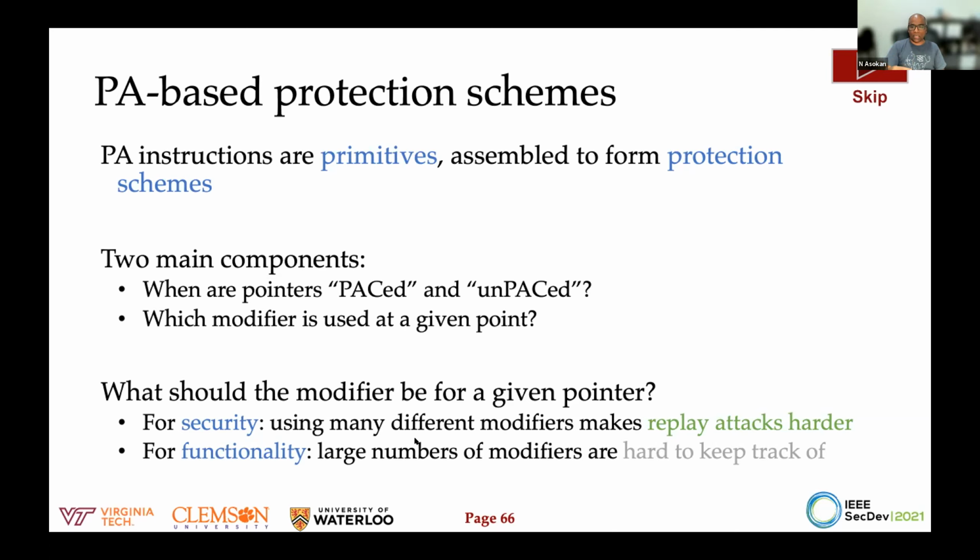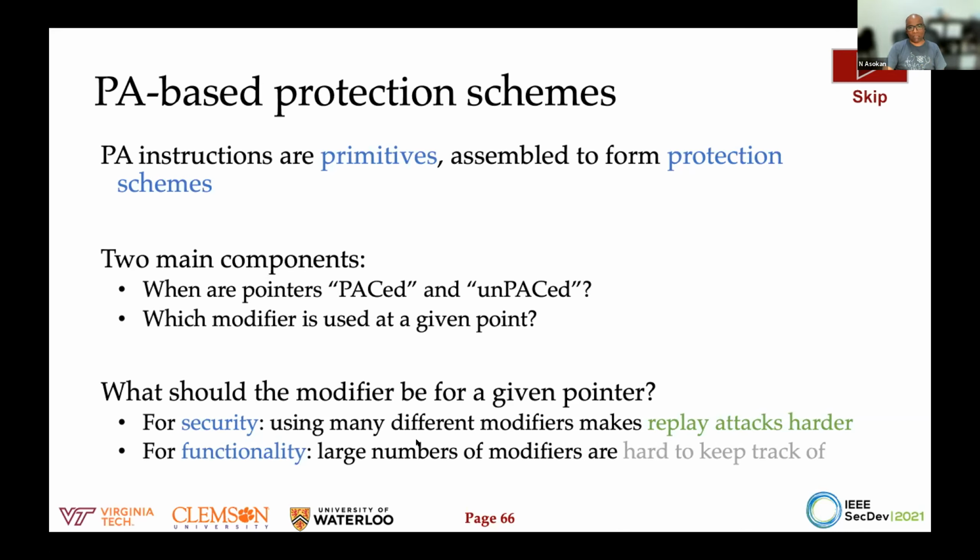And as long as the modifier is the same in another context, they'll be able to replace the authenticated pointer in the new context with the old one that they harvested. So if the stack pointer is used as the modifier, then the attacker can do replay attacks in any situation where the stack pointer is the same for the subsequent function call.